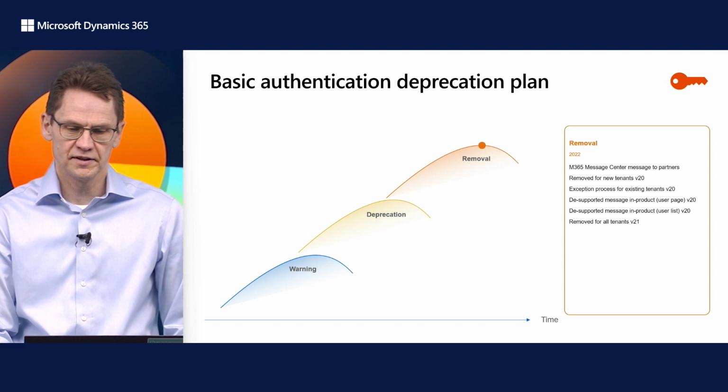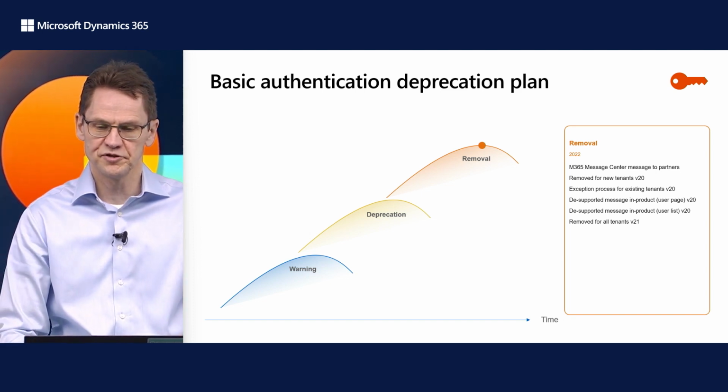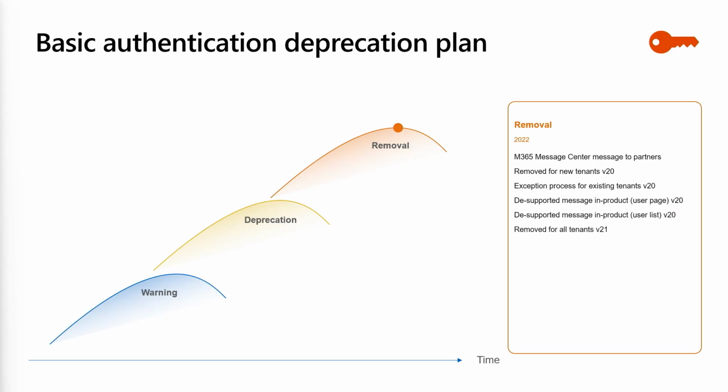We are communicating this to partners through messages in Message Center. We are removing the capability for new tenants in version 20, and you will see a desupported message in the product, in the user page, and in the user list in version 20, before it is then finally removed for all tenants in version 21.